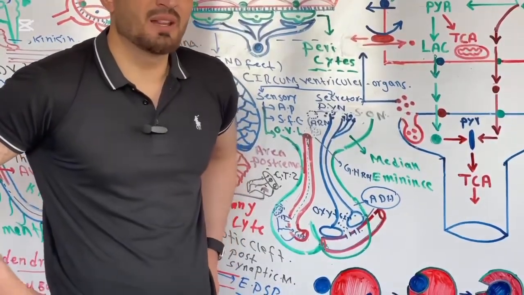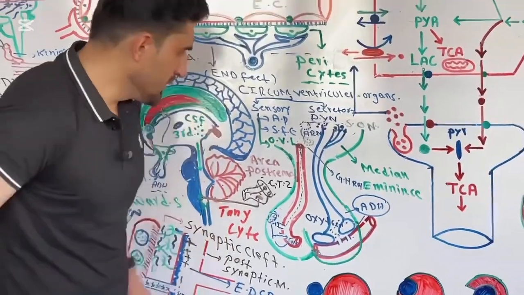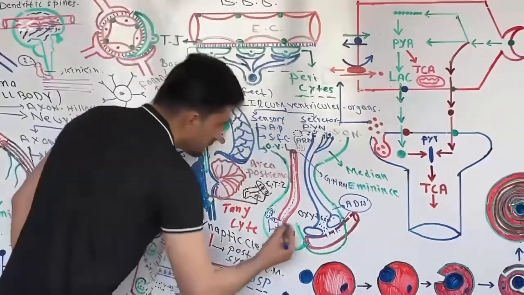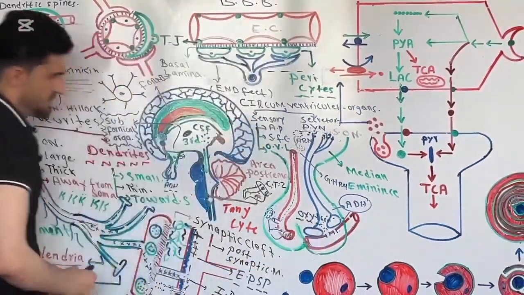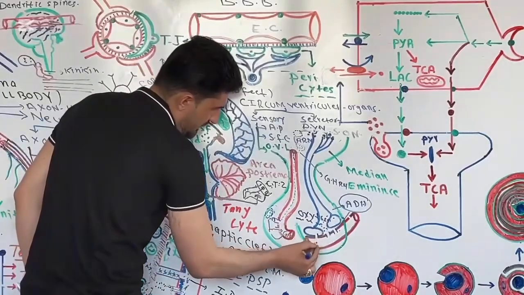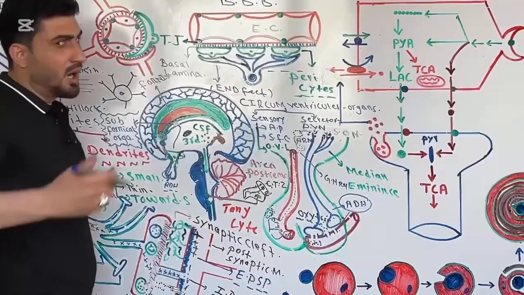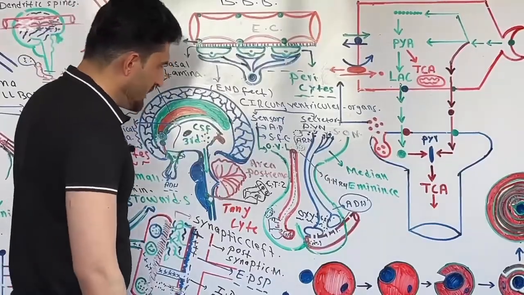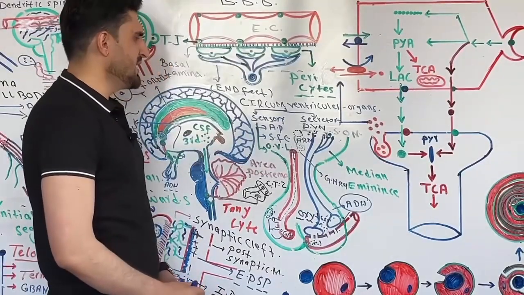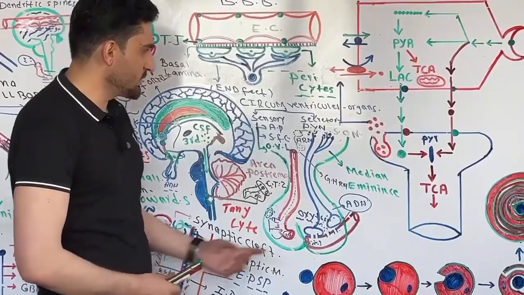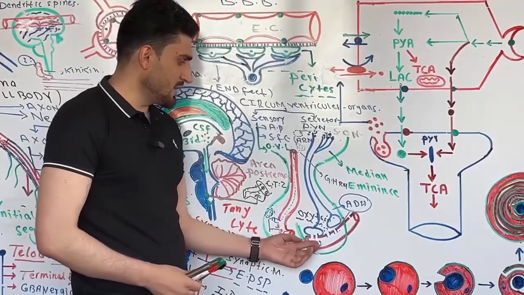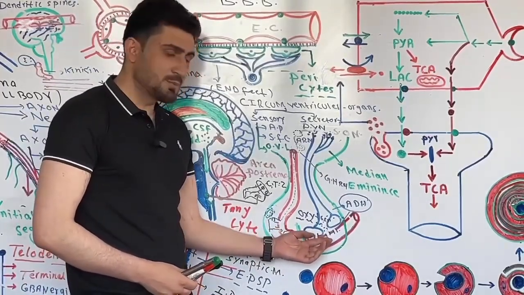It has a role in love, and it's also a cuddle hormone. So oxytocin will enter the blood vessels during labor, during suckling, and during love emotions. This is the fifth area that is also secretory and does not have a blood-brain barrier.